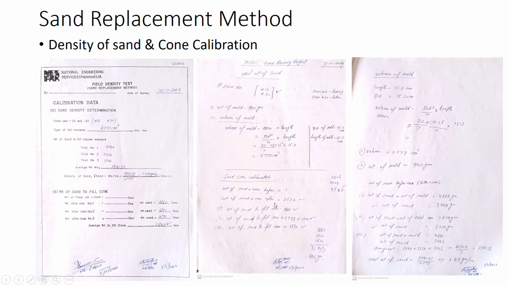As 3 trials are conducted on it, these are the 3 weights of the sand in cone. So the average is around 1.843. So both these two values, 1.419 and 1.843, should be mentioned on the sand cone apparatus.